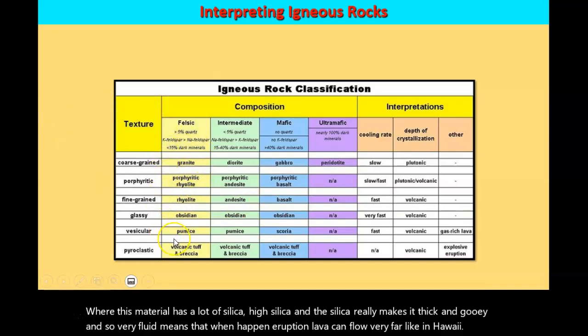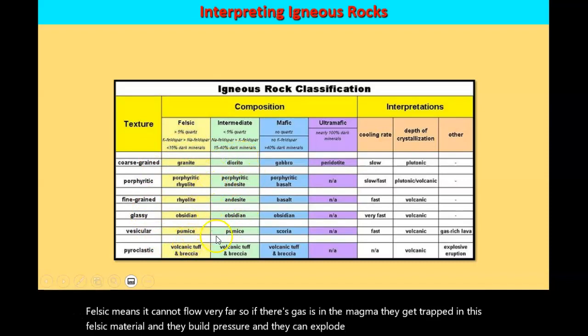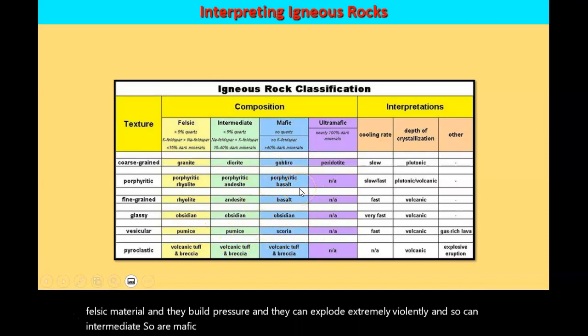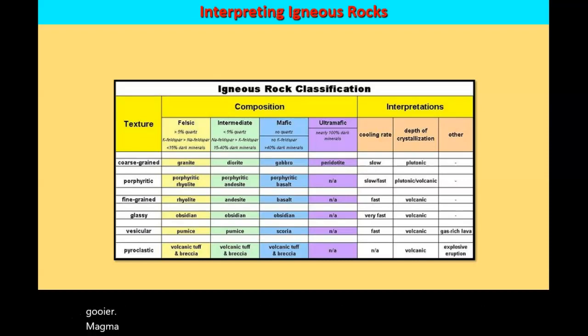Felsic means it cannot flow very far. So if there's gases in the magma, they get trapped in this felsic material, and they build pressure, and they can explode extremely violently, and so can intermediate. So our mafic volcanoes are the least likely to explode violently because of their composition, whereas intermediate and felsic can erupt violently because they have this thicker, gooier magma that traps all this pressure and gas. Pressure builds, and finally, right, we can get a big eruption.